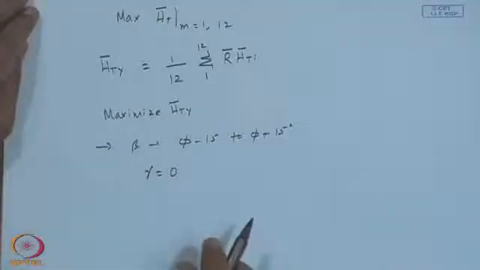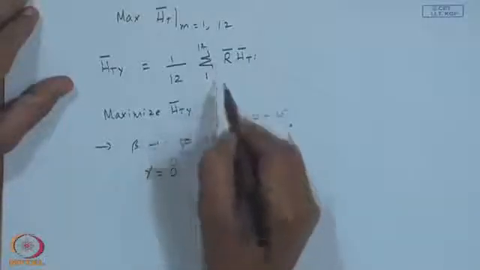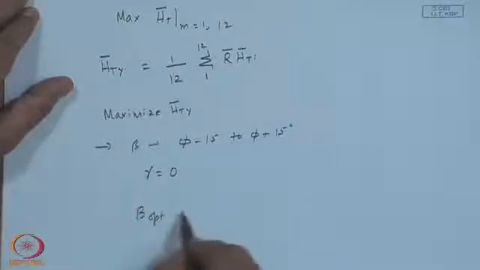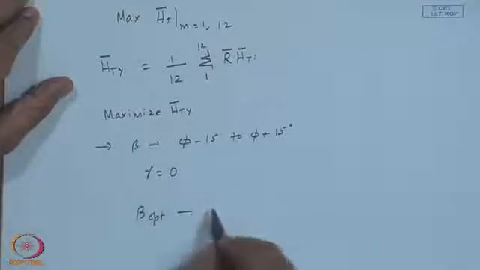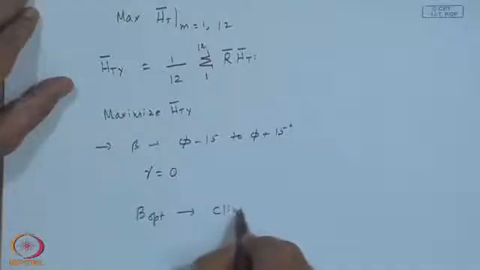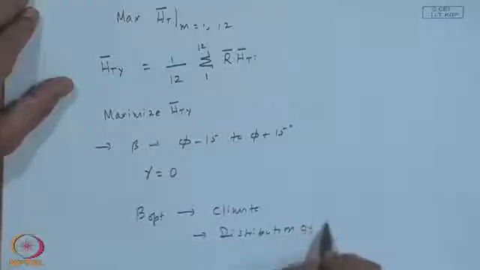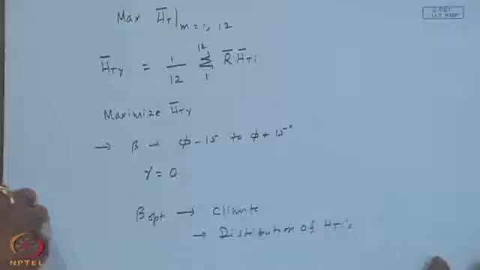and we will try to compute, and now you will realize that this optimum beta, beta OPT, depends upon the climate, meaning thereby distribution of HT bar. That means, it is not essential that June has the maximum solar radiation.